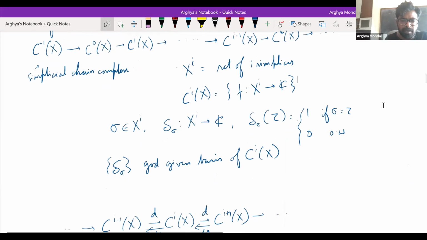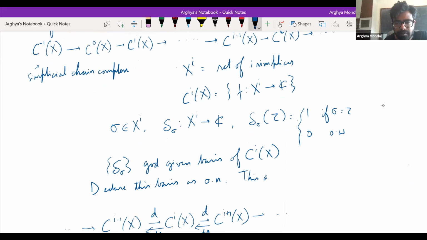And if God gives you a basis, then you should declare this basis as orthonormal, and that gives me an inner product on C^i(X).